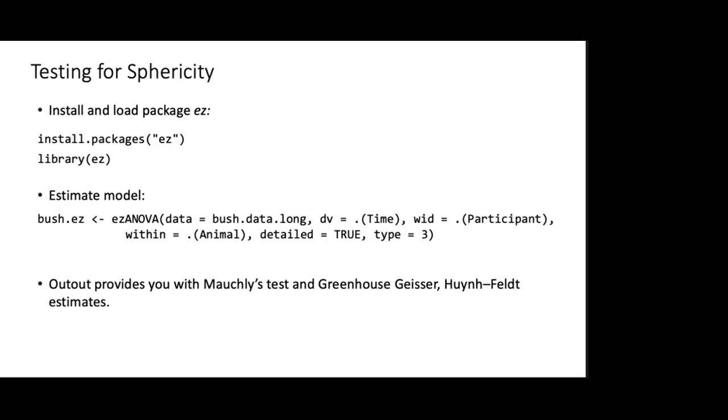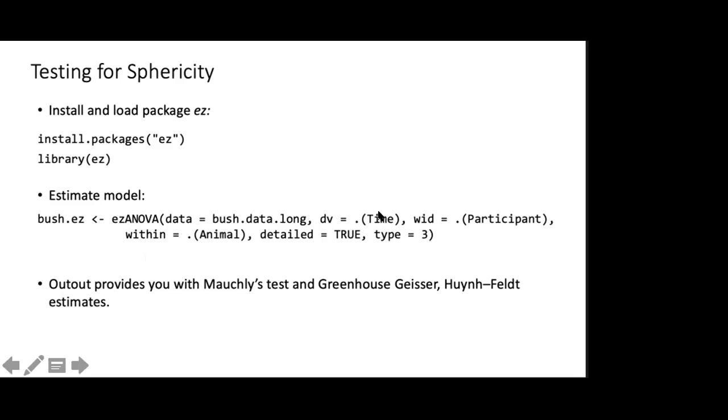That package has a function called ezANOVA. And ezANOVA basically gives you an output for repeated measures ANOVA. It also can do between subjects designs, so you can use ezANOVA for everything in R. It provides you with the same output that some commercial software packages do, like SPSS and SAS, etc. It has a little bit odd syntax that you have to get used to, this weird way of defining the arguments here.